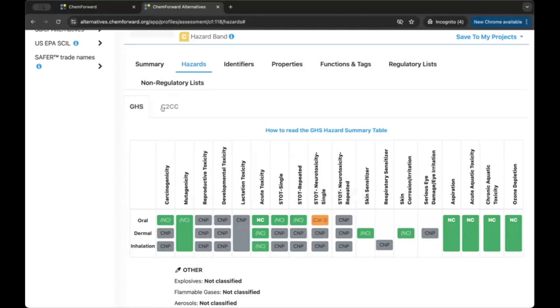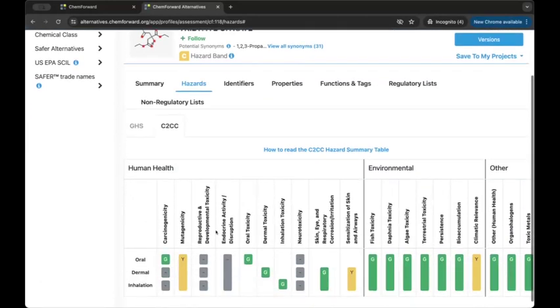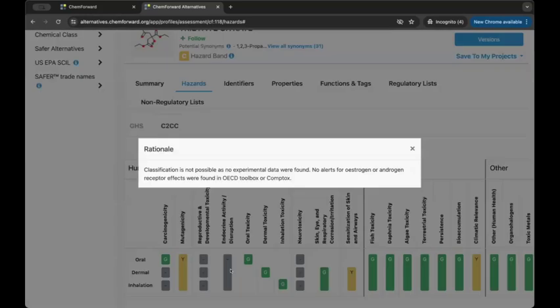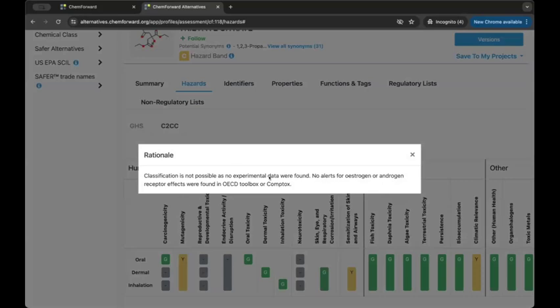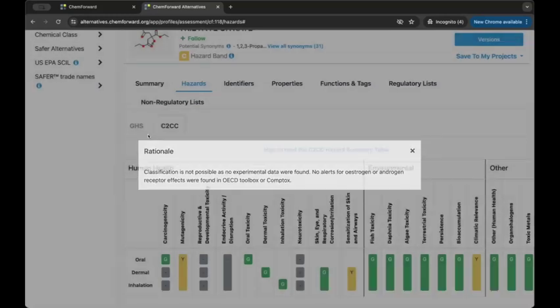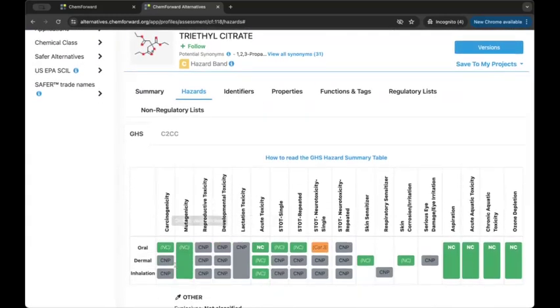We do go to Cradle to Cradle. This is all based on the Cradle to Cradle material health assessment methodology. So you'll note that this is a little bit extended. This has more hazard endpoints than what's available on GHS, such as endocrine activity. So for example, if I click here, even though this is gray, this is still clickable on this table and is not located on this GHS table.